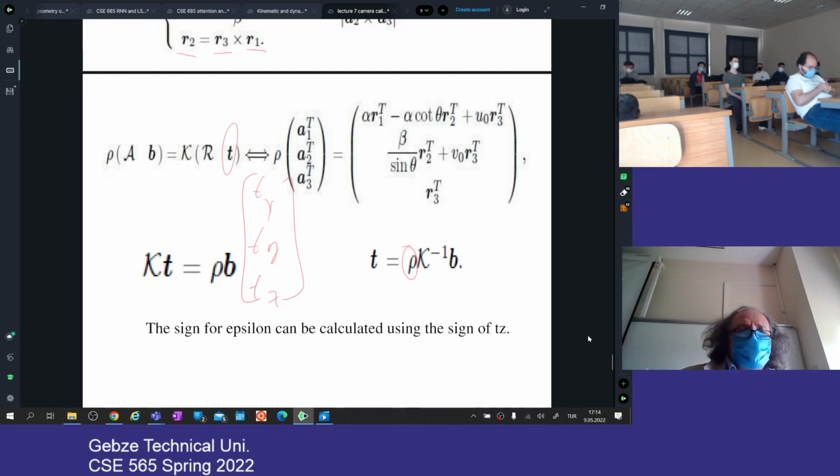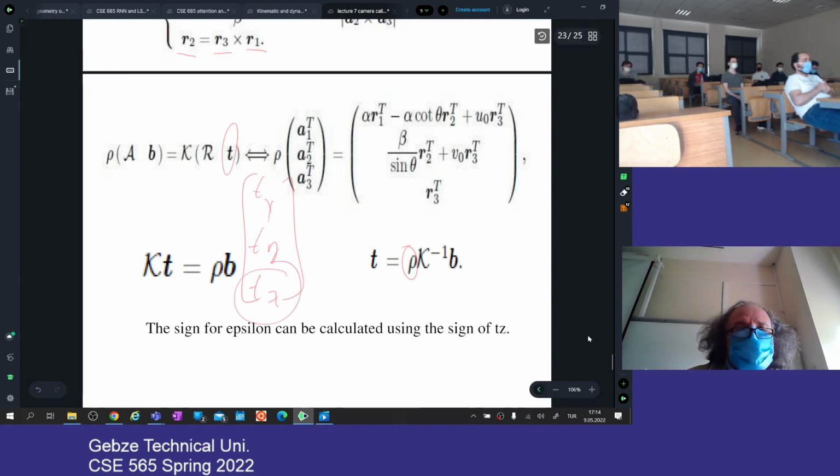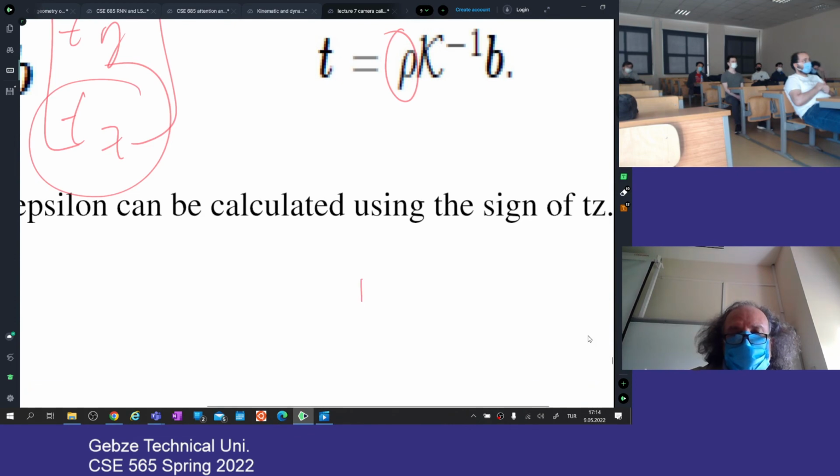Just test all these values that I have estimated with a plus row value or the minus row value. Whichever makes this Tz positive, because Tz has to be positive because my camera system, remember, it is like this.